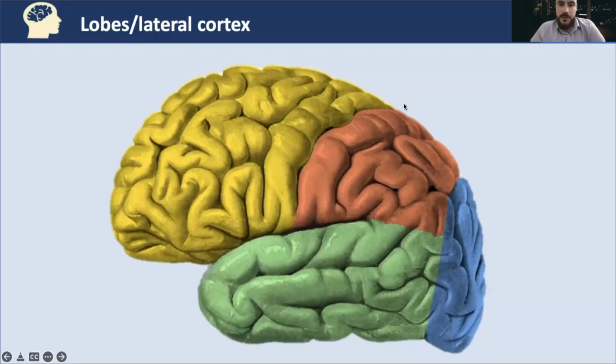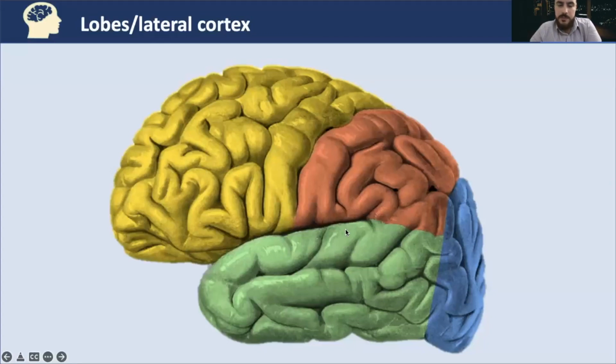The lobes are separated by specific surface landmarks. For example, the frontal lobe here in the yellow is separated from the parietal lobe by the central sulcus, that we will talk about in more detail later. And the parietal lobe is separated from the occipital by the parieto-occipital sulcus, and the frontoparietal lobe is separated from the temporal lobe by the sylvian fissure.